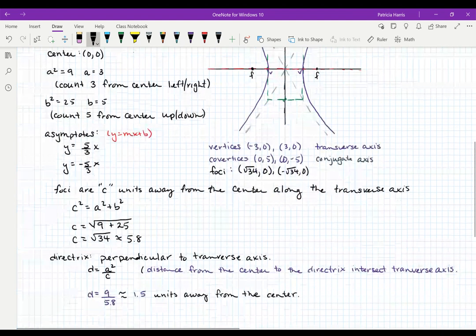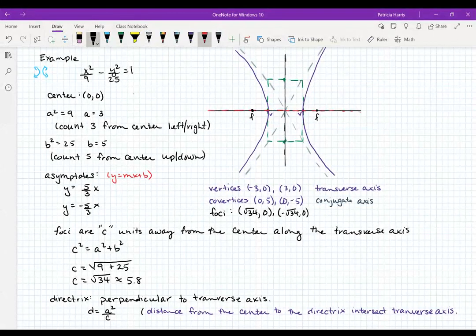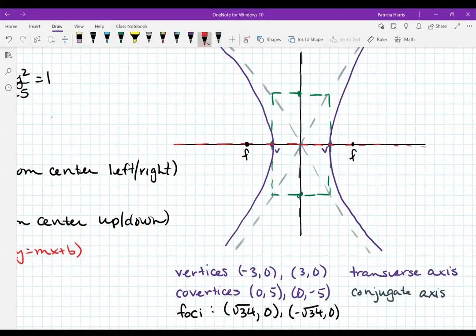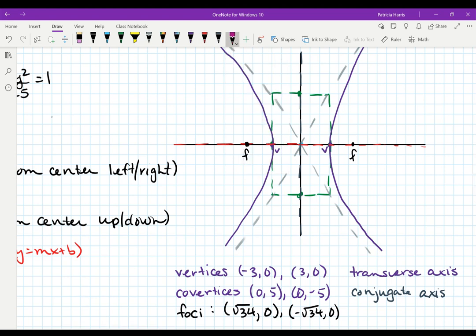So if the center is here at 0, 0, let's zoom in a little bit so you can see. We're going to count 1.5 in either direction, making sure that we're parallel to that transverse axis. Let's see if I can get another color going here.